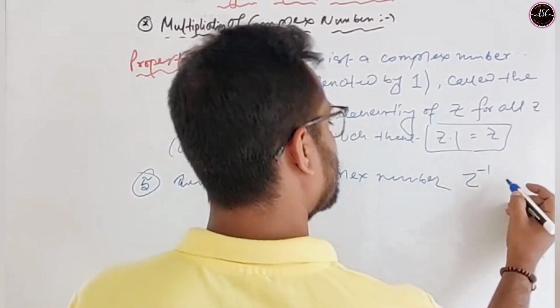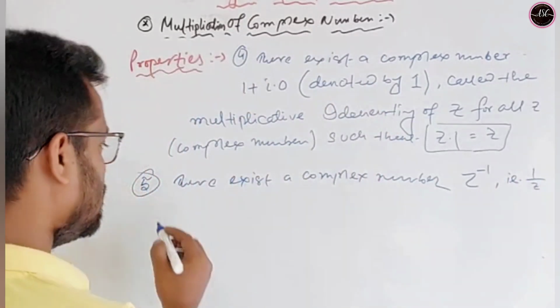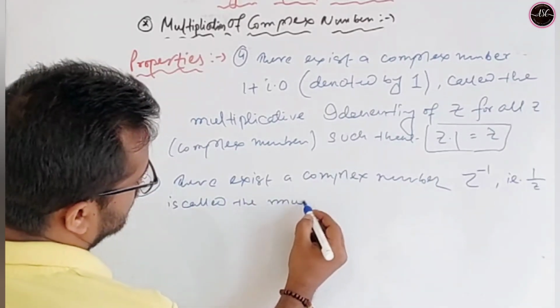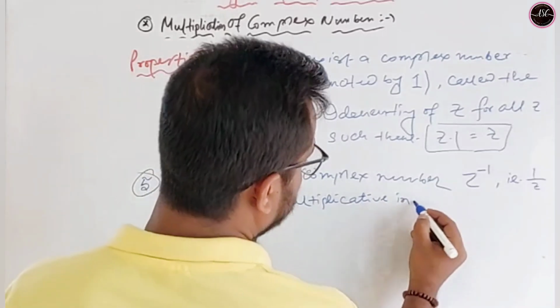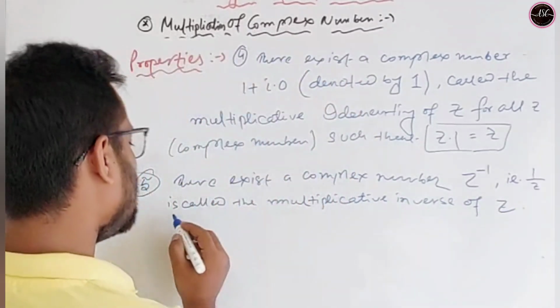My next property is there exists a complex number Z inverse, that is 1 by Z, called the multiplicative inverse of Z, where Z is a complex number.